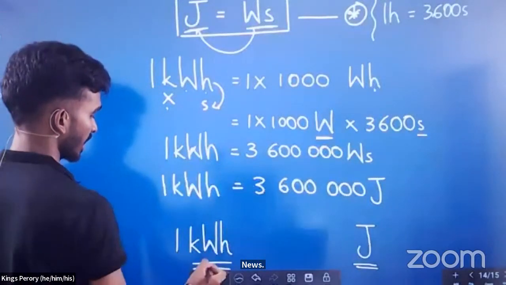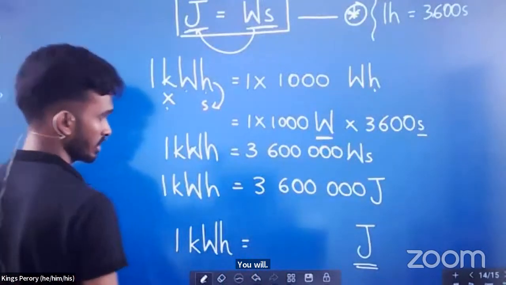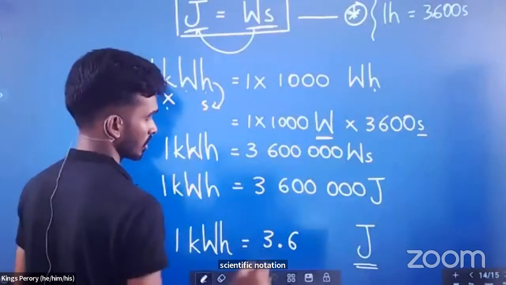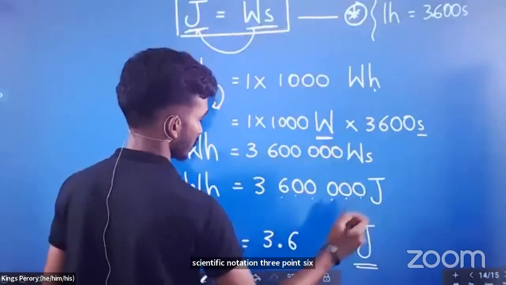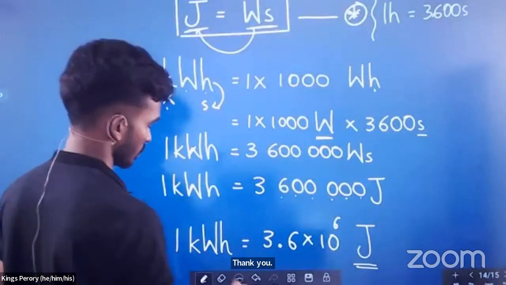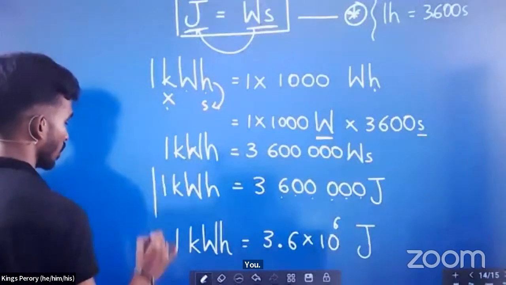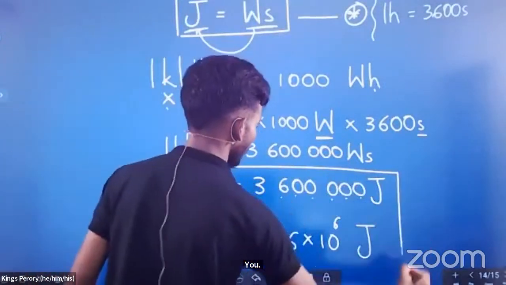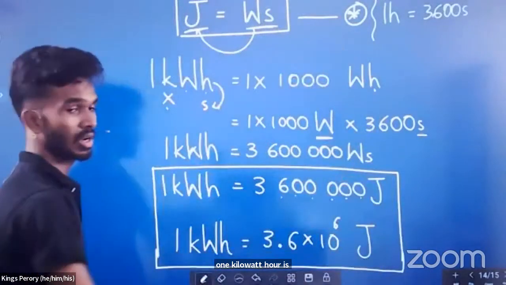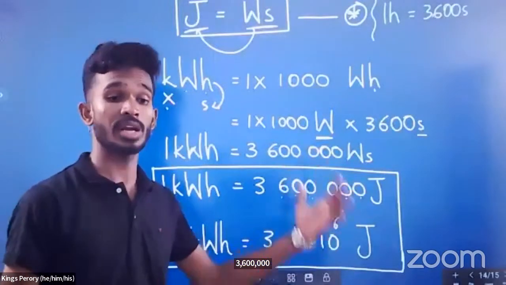Write it scientifically using scientific notation: 1 kilowatt hour is 3.6 into 10 to the power 6 joules. So what's the relationship between 1 kilowatt hour and joules? 1 kilowatt hour is 3,600,000 joules, or in scientific notation, 3.6 into 10 to the power 6.